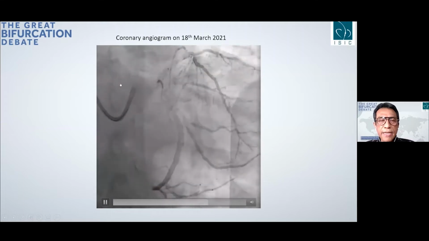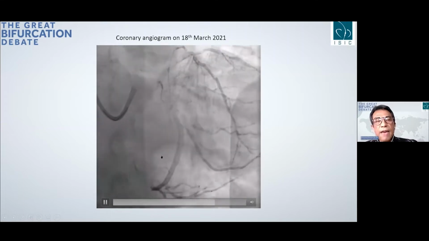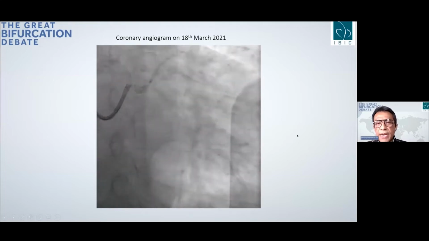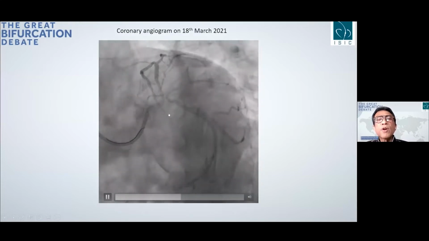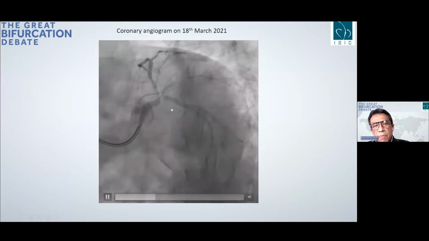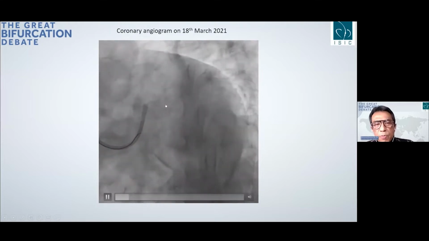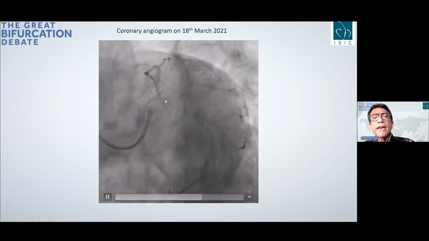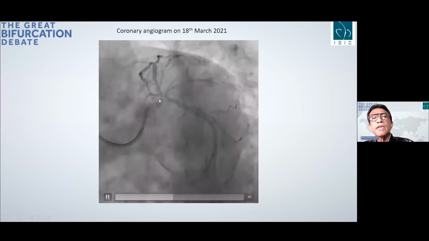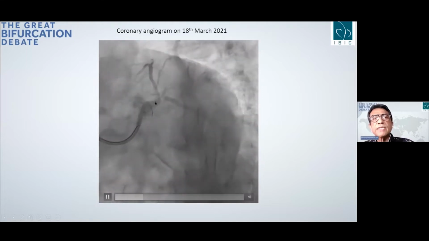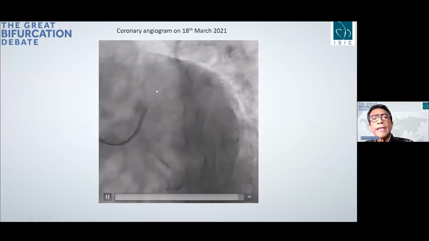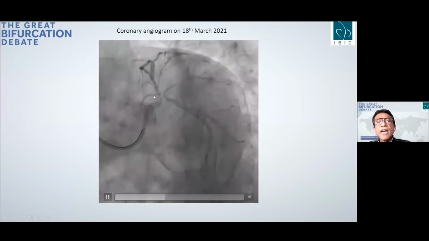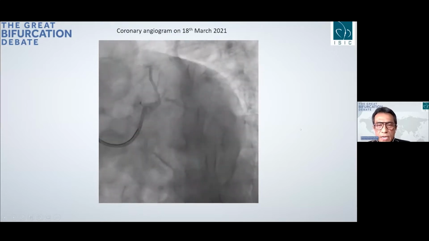And again, as you can see, this is a left dominant vessel. The circumflex is quite big here. If you look from the spider view, you agree with me that this is the obtuse marginal, and the ostial circumflex is a really tight stenosis, and there is also significant stenosis at the ostial LAD.